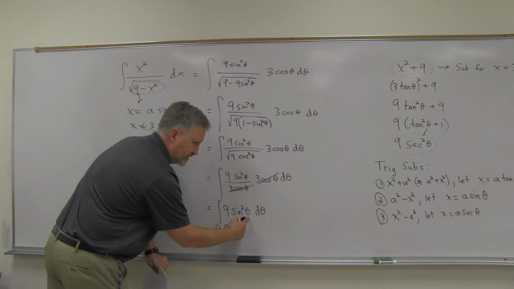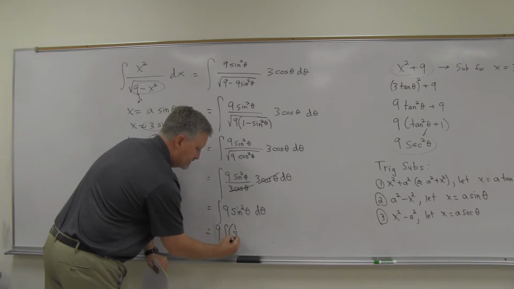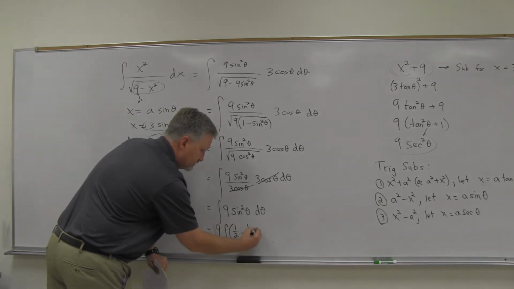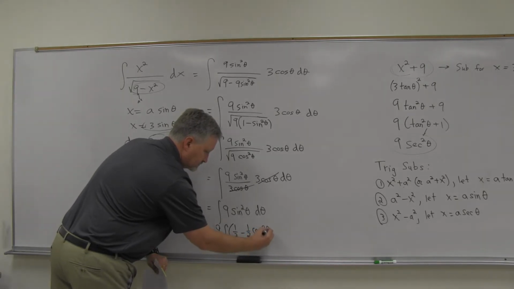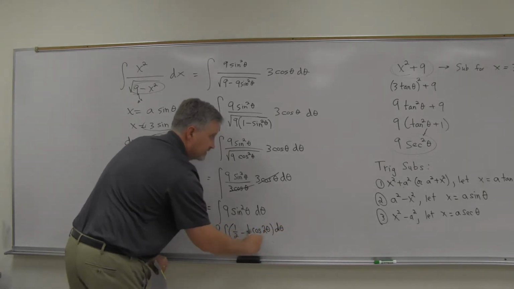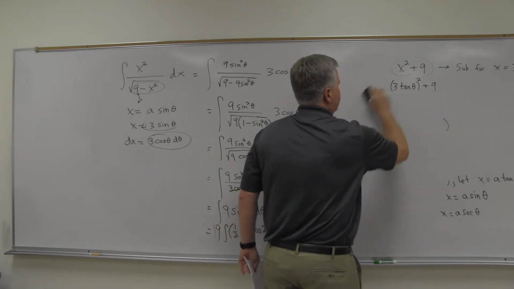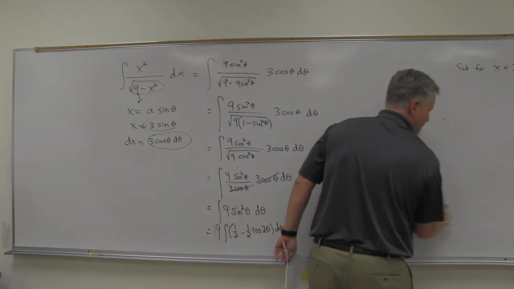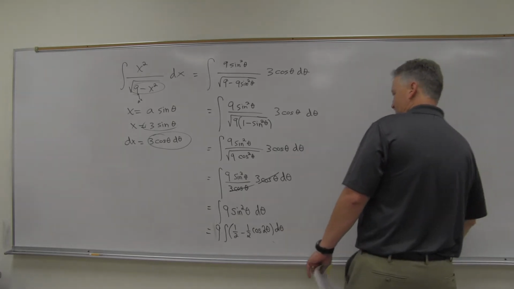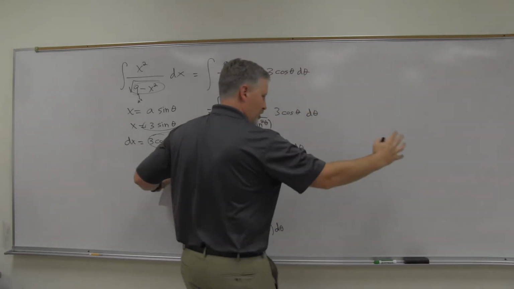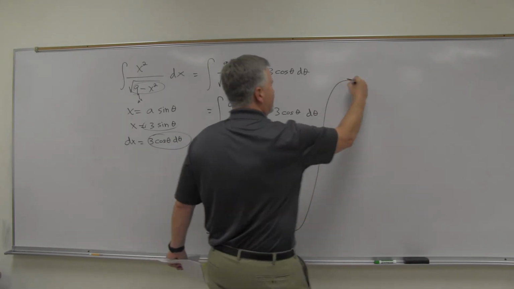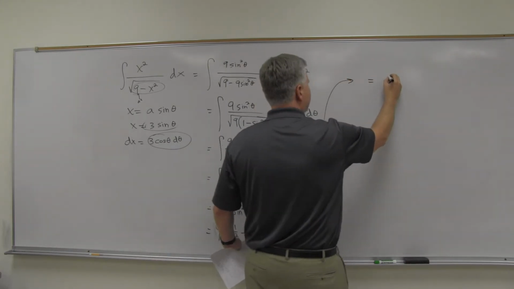Let's see, sine squared theta is 1/2 minus 1/2 cosine 2 theta. Maybe I should have taken it over here. I need a little more room to finish this off. It's one of those whole board problems. We'll run into a few of those along the way.